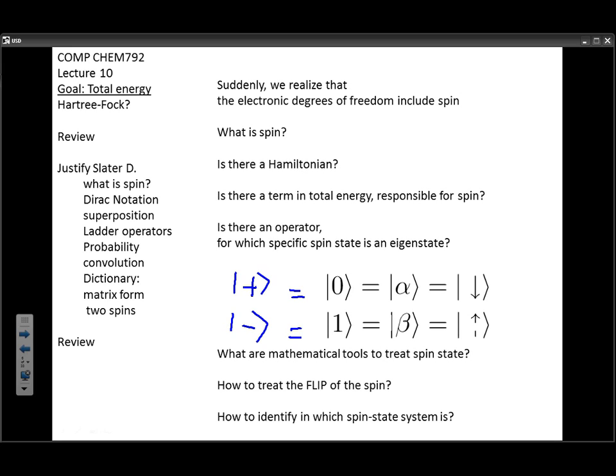And the most critical, most important thing that makes the difference between classical and quantum treatment is that a system can coexist in several states.